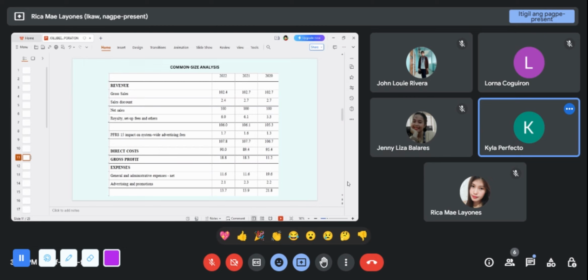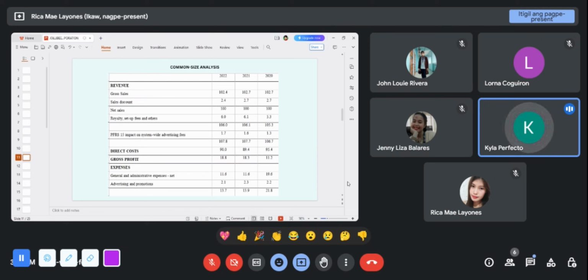So in sales discount, mas mataas pa rin yung percentage ng 2021 and 2020 kaysa sa 2022. The net sales, parehas lang yung percentage, it is 100 in 2022, 2021, and 2020.